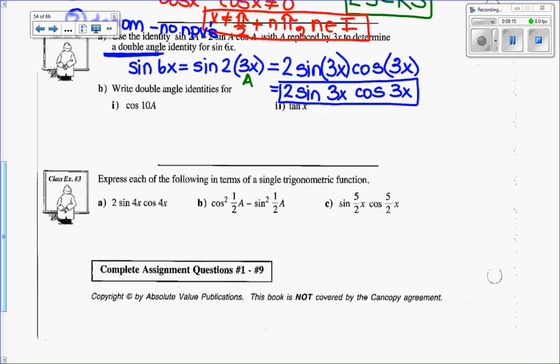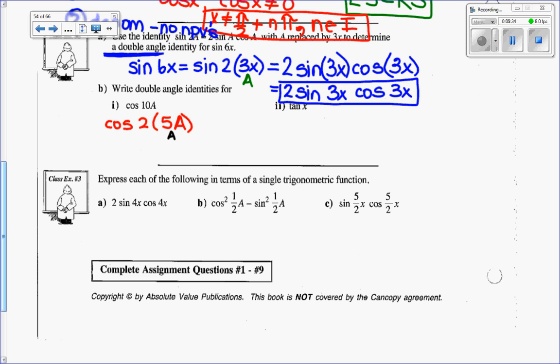Okay, so we're going to do the same thing for b then. In b, we need to write a double angle identity for cos 10a. So obviously that's going to be cos 2 times 5a, right? And then again, since this is a double angle identity, this is our a.